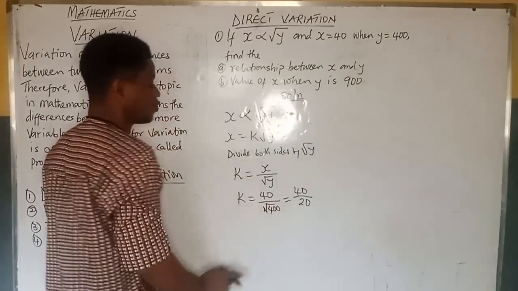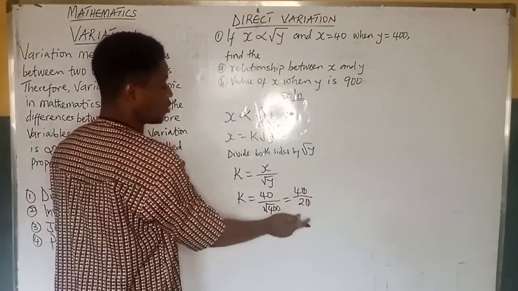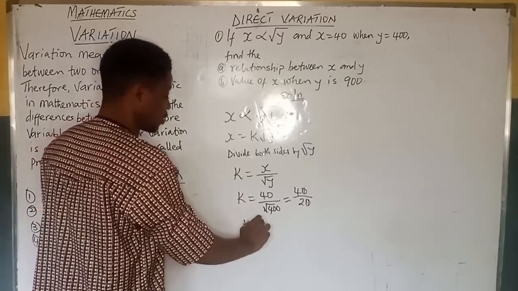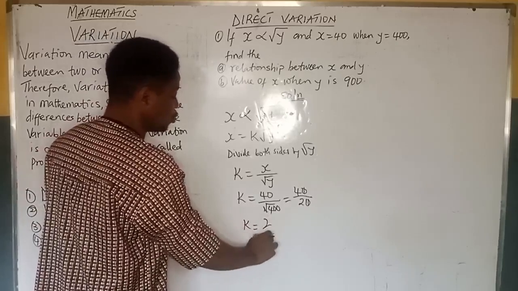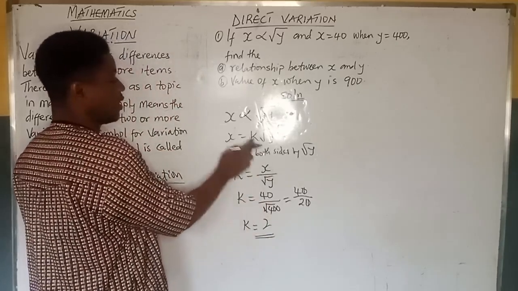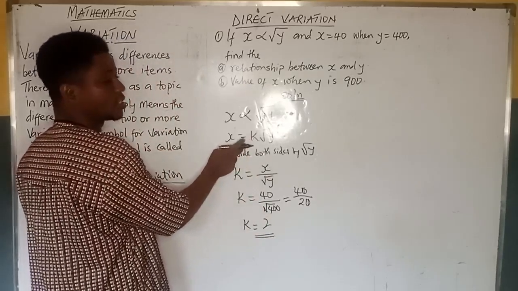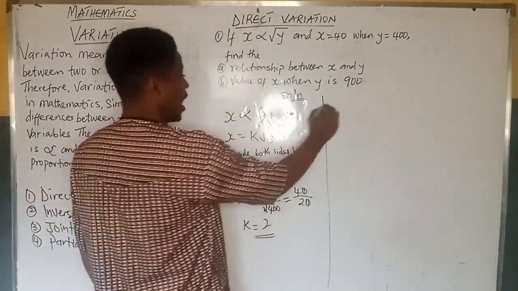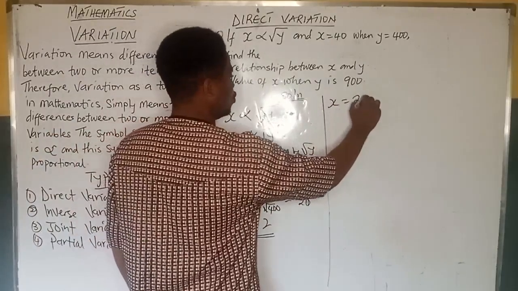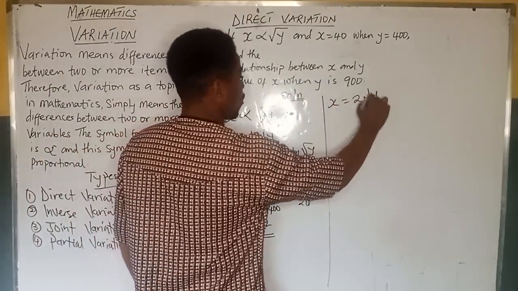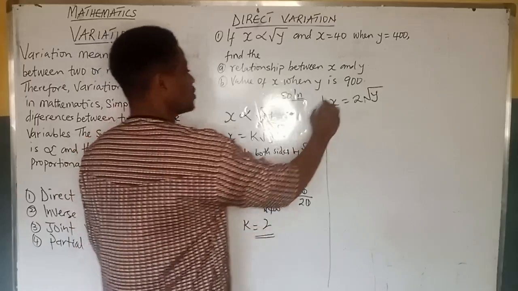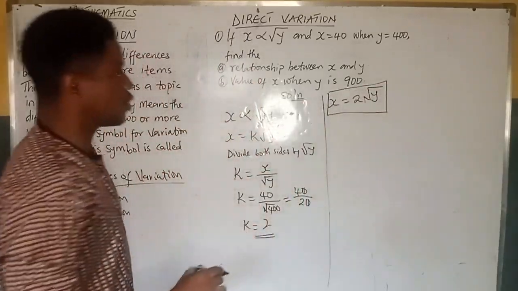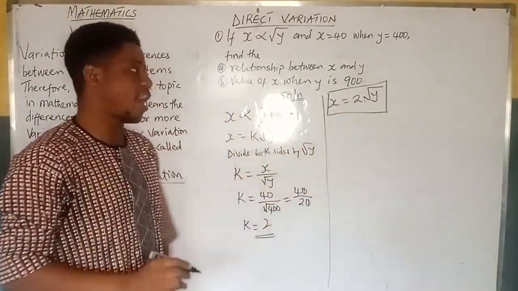So root 400 is 20. 0 and 0 will cancel out. 4 divided by 2 is 2. So k is equal to 2. So substitute the value of k in the original equation. Doing that, you have that x will be equal to 2 root y. So this is the equation or relationship between x and y.